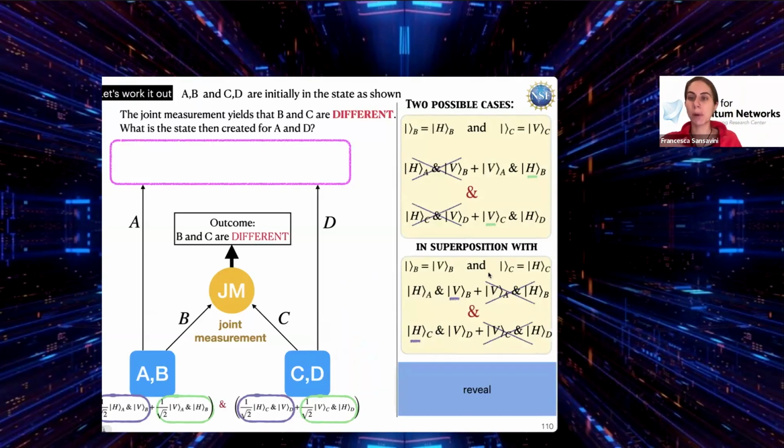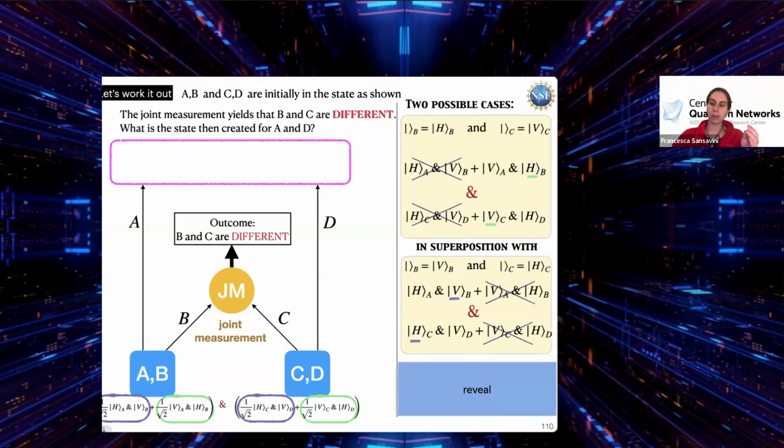So again, we have two possible cases which are going to be in a superposition. We have the case of B and C being H and V, but we also have the case where B and C are V and H. So in this case, B is V, C is H. So in the first case, when we isolate B being H and C being V, we are left with A in the vertical polarization and D in the horizontal polarization.